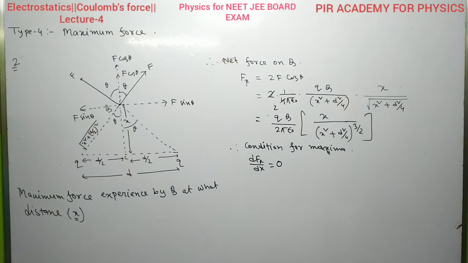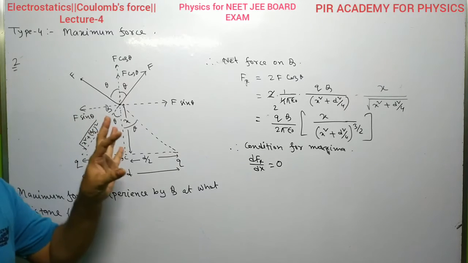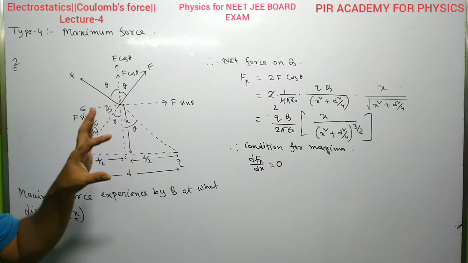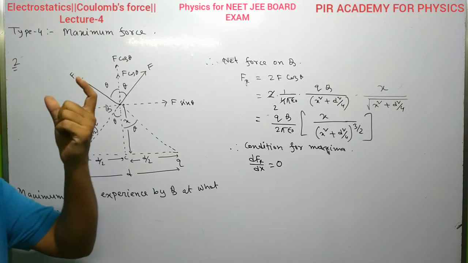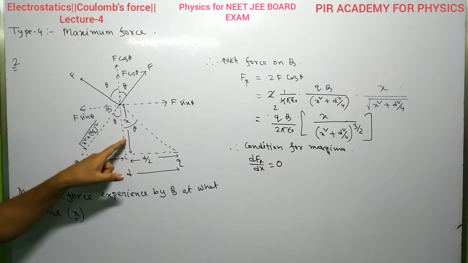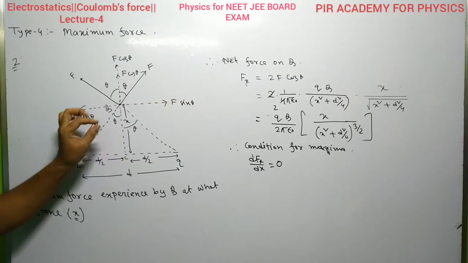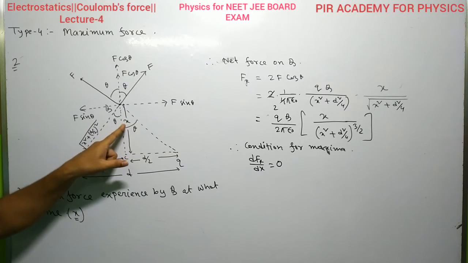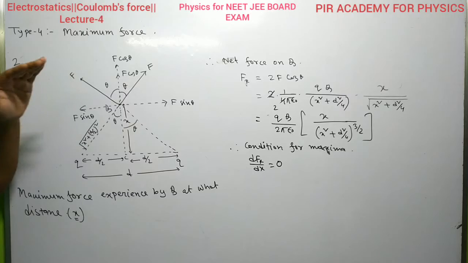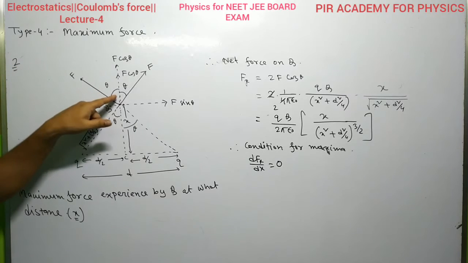Here the variable quantity is x. In problem number 1, the variable quantity was q. Here the variable quantity is x. You have to find out the value of x where this charge will experience maximum force.